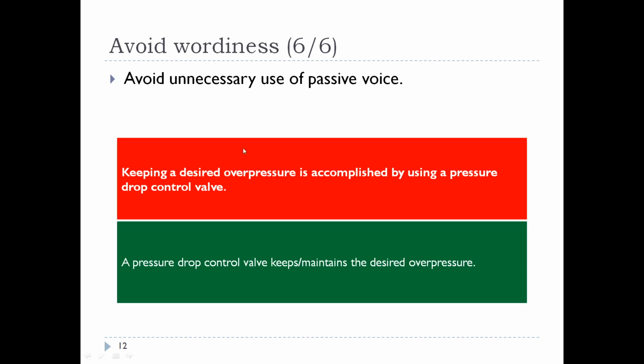Okay, so look at the sentence. Keeping a desired overpressure is accomplished by using a pressure drop control valve. Okay, so here this sentence is in passive voice, and here the emphasis is on keeping a desired overpressure.